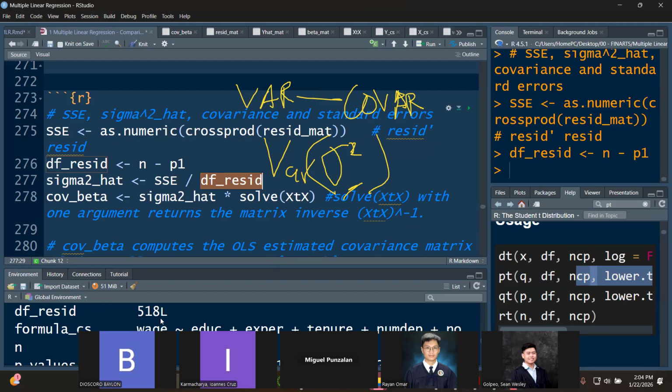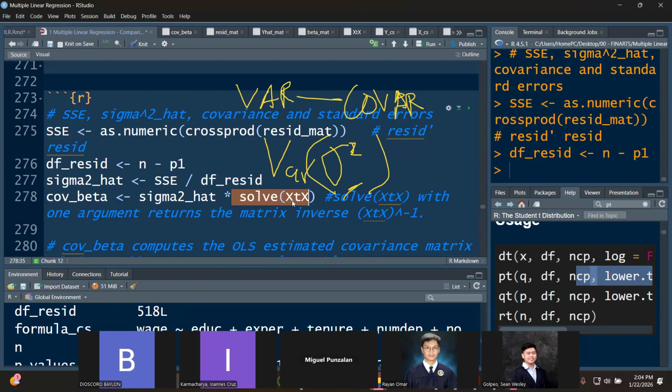So that gives you 518. L stands for integer. All right, so after getting, class, this sigma squared hat, we can now get the variance covariance of your parameters. The covariance of beta is equal to this one, class, which is this number multiplied by this one.